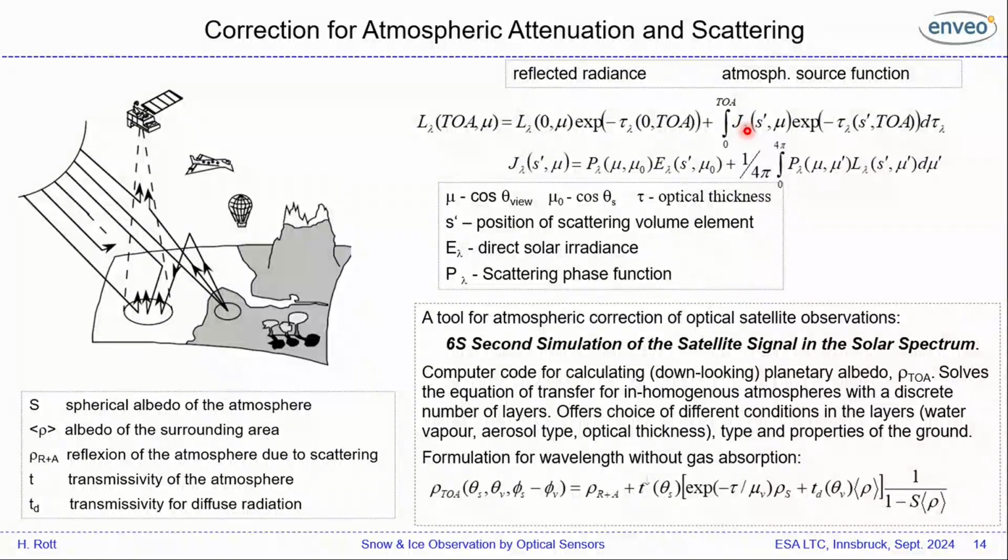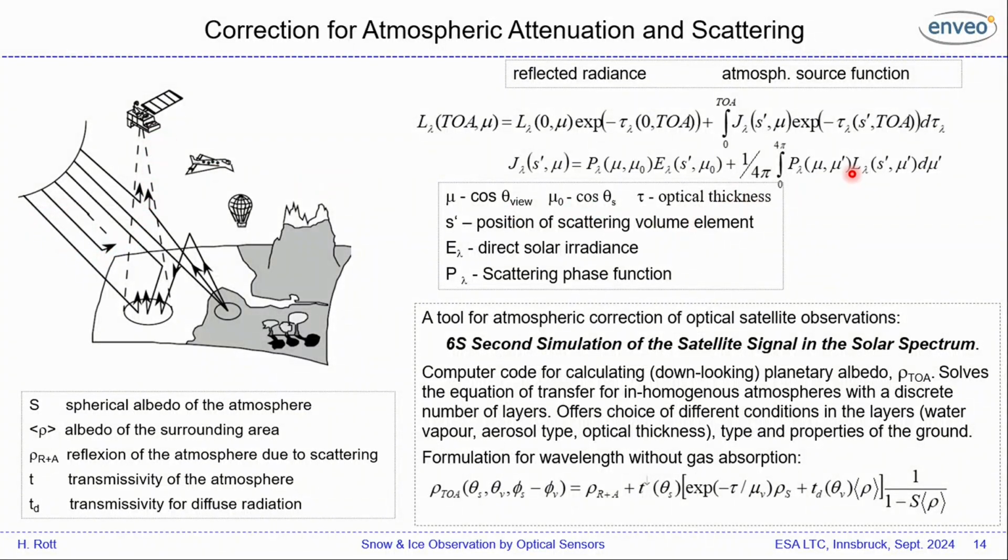And this is now the path radiance, the radiance which comes from the atmosphere, where we have on one hand from the surroundings, adjacent surroundings, and on the other hand from the direct and diffuse radiation.